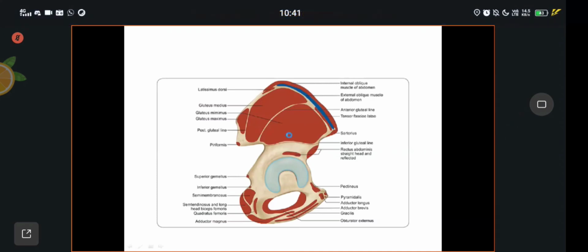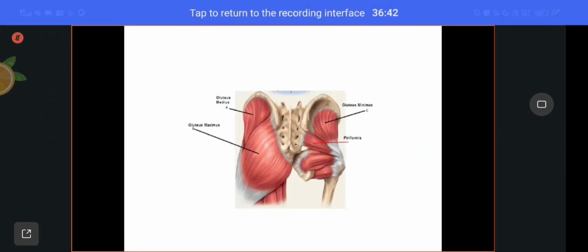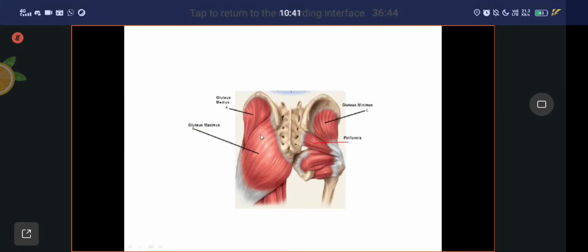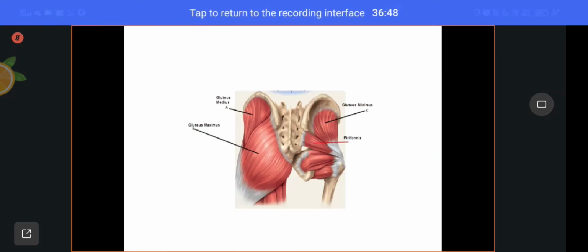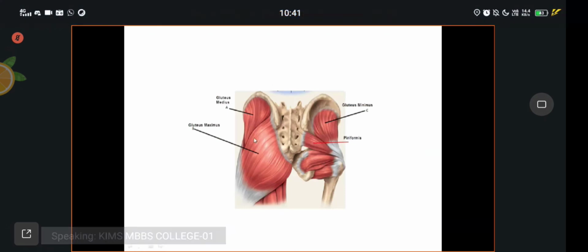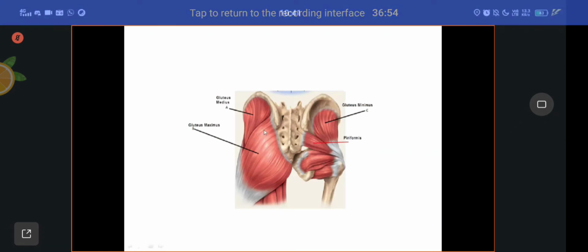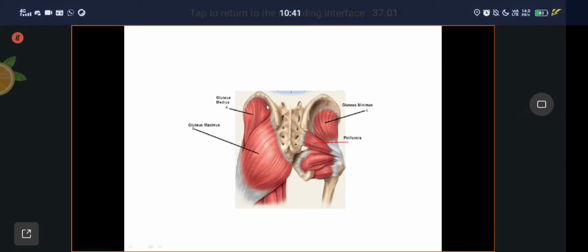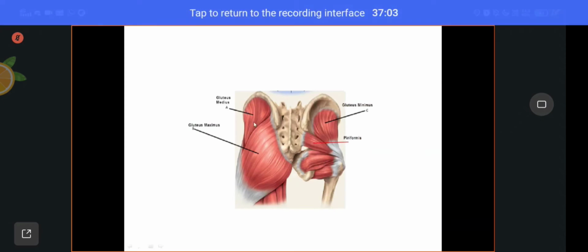I'll show you all these four muscles once again. You can see this muscle in the back. This is the gluteus maximus muscle. And what is this muscle here? This is the gluteus medius muscle.